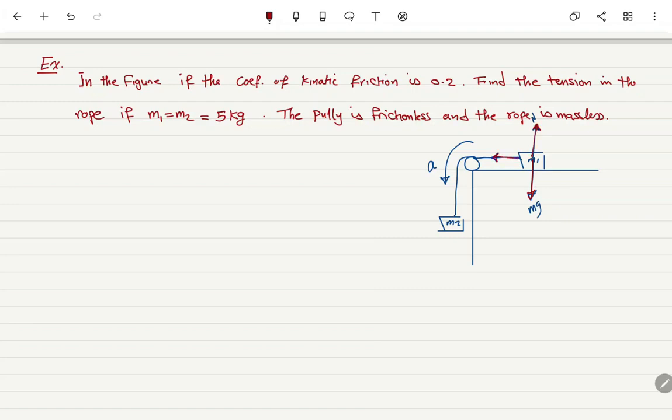And since the surface is rough, in this case we have again Fk. Now on system 2 we have the weight M2g, and we have tension.